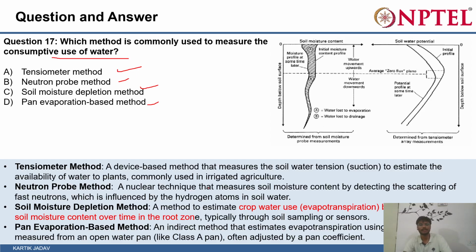It is a nuclear technique that detects soil moisture by scattering of fast moving neutrons, which get slowed down in the presence of hydrogen, and by estimating the slow neutrons coming back we are measuring moisture.